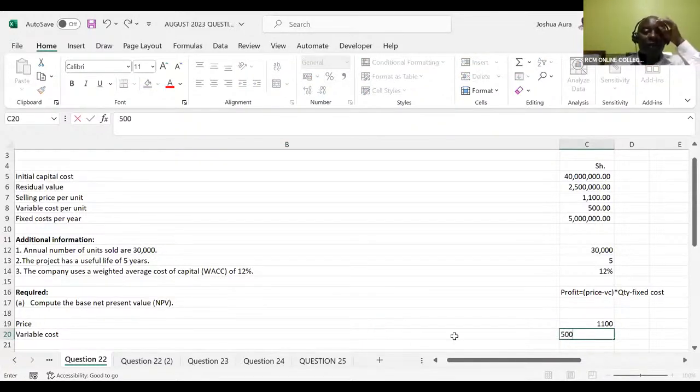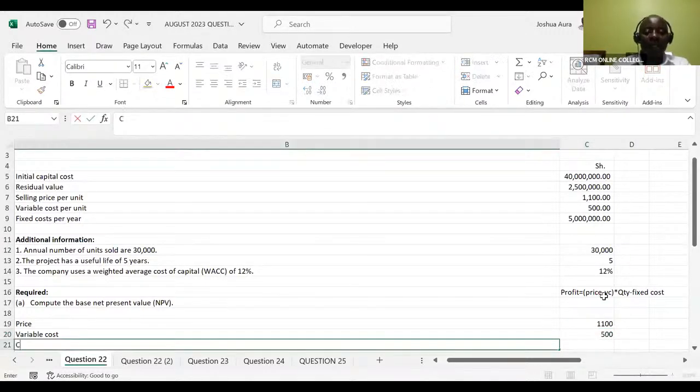Ladies and gentlemen, after that, I would want to get the contribution margin. So I say enter, and then I write contribution margin.